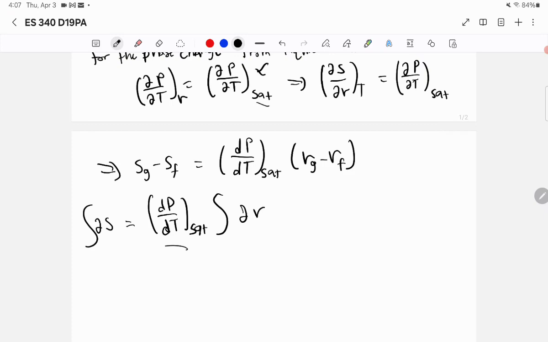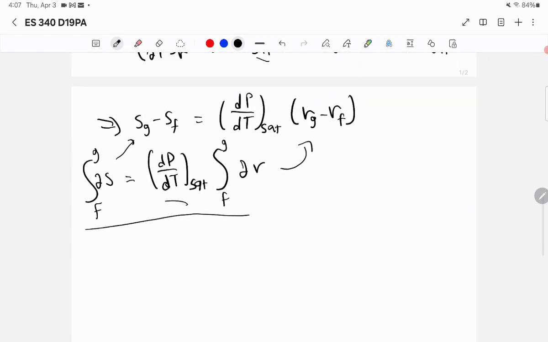Hopefully now you can see that if I go from f to g, then this formulation pops right out.